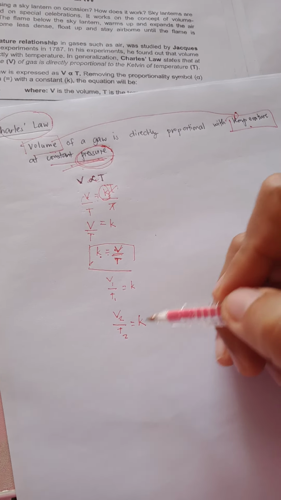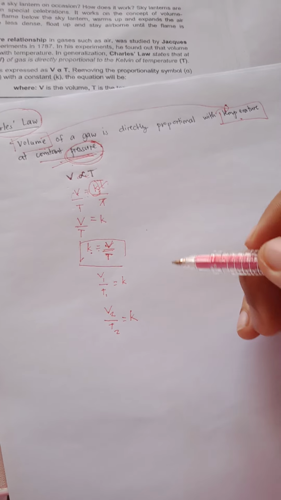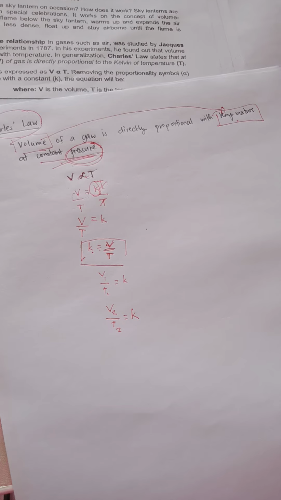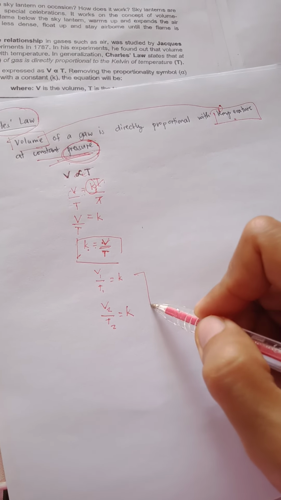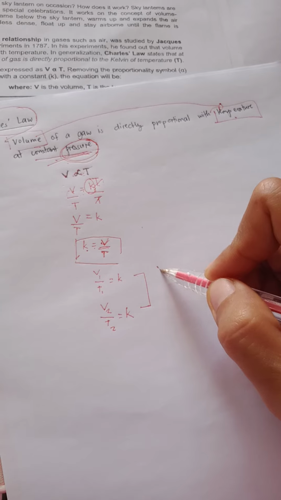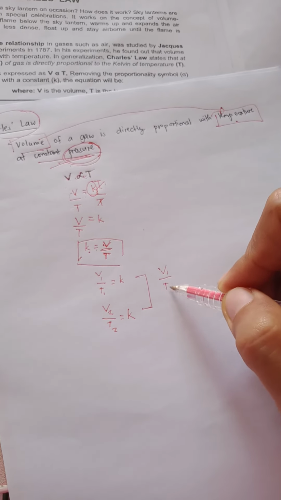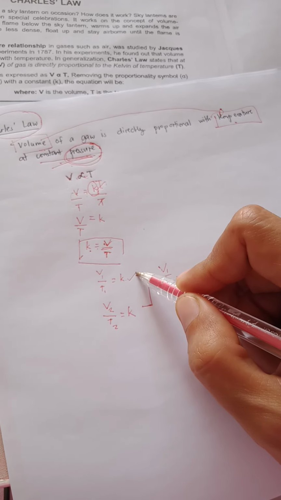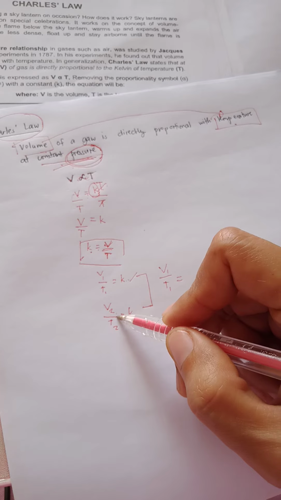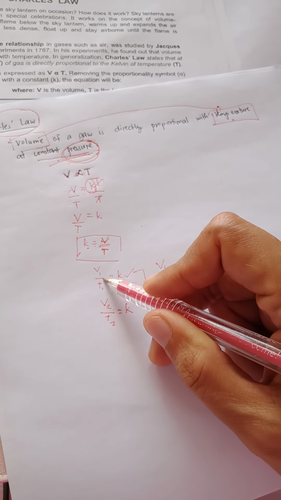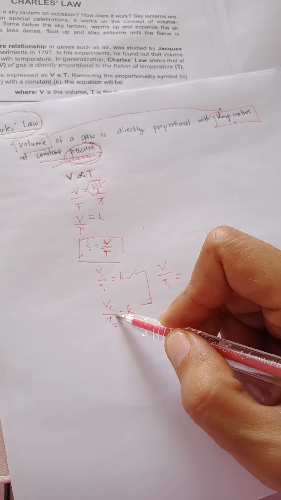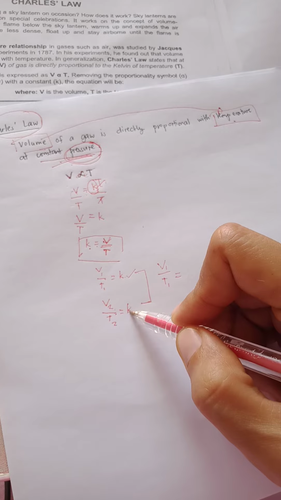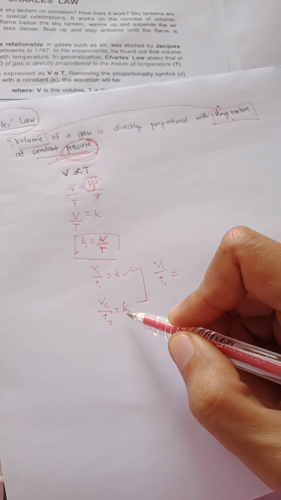Okay? So, ayan na. You have V1 over T1. Since V1 over T1 is equivalent to your constant, it is safe to say that whatever the value of your V1, T1 is, will be the same with the value of your V2, T2, because they both equate to your constant K. So, pwede mo siyang i-substitute.